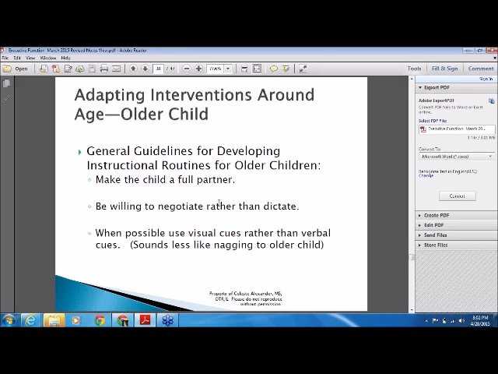Okay. So now if we talk about the older child, we are talking about general guidelines, making the child a full partner. And I really do believe in this if you can. We talk about why don't we? I talk with new therapists sometimes and I'll say, well, just ask the child, especially if it's a therapist that's transitioning in the middle of the year and someone's left and it's January.